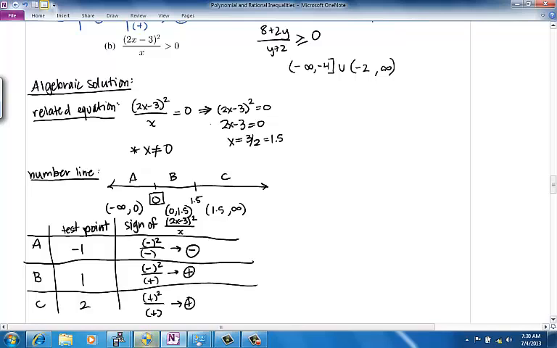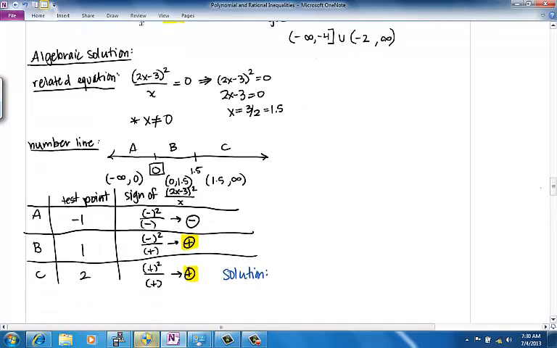And we were looking for where this is greater than 0. So we choose positive intervals, which were B and C. So our solution, we want interval B, which was 0 to 1.5, together with interval C, which was 1.5 to infinity.